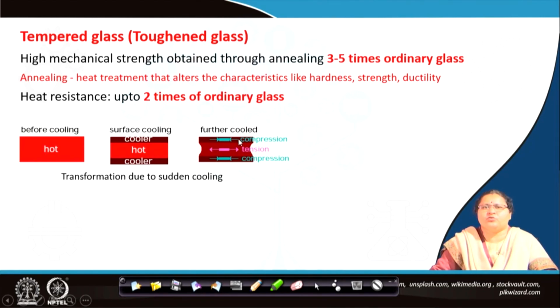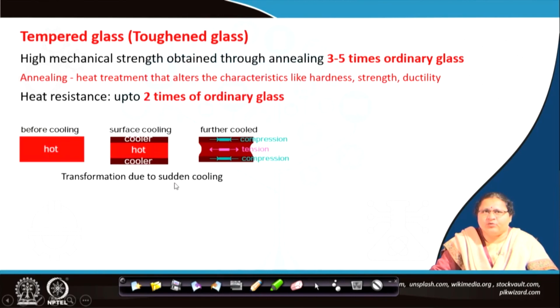And when further cooled, the upper surfaces are getting compressed, whereas the inside is still in its liquid form. So, the formation of the amorphous substance is different on the upper layer than what is happening inside.